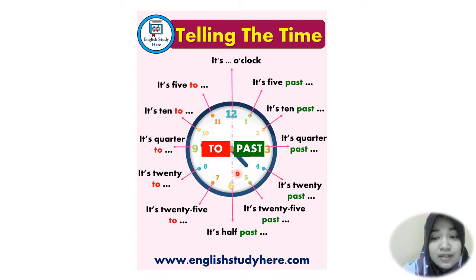Kita bahagi dalam untuk menyatakan masa dalam bahasa Inggeris, kita boleh bagikan kepada 2 bahagian. Let's see the first part here. Senang sahaja sifir dia macam mana nak ingat. 30 minit yang pertama, as you can see on your right, sebelah kanan jam, we call it past.